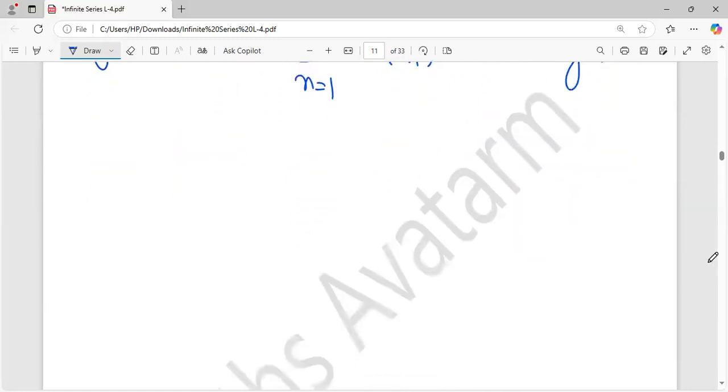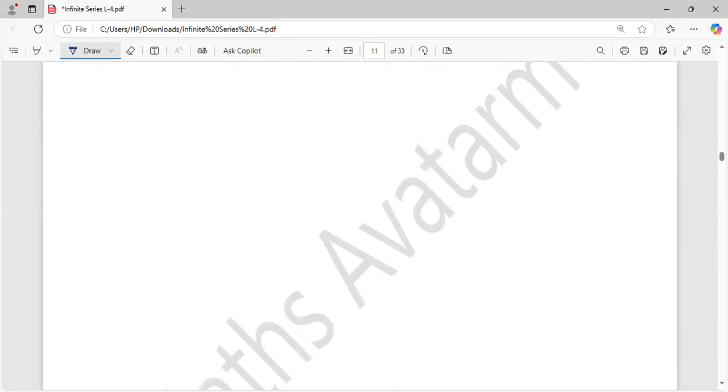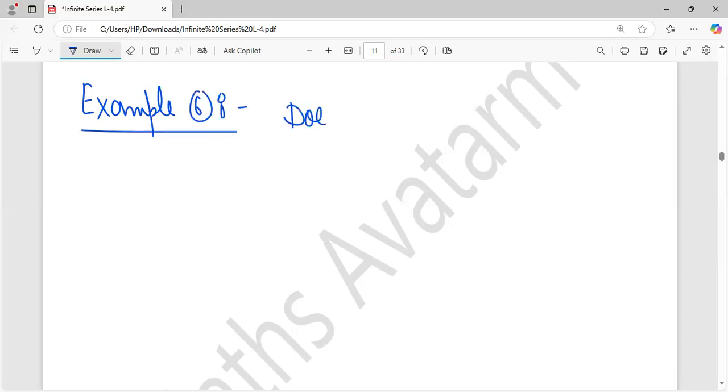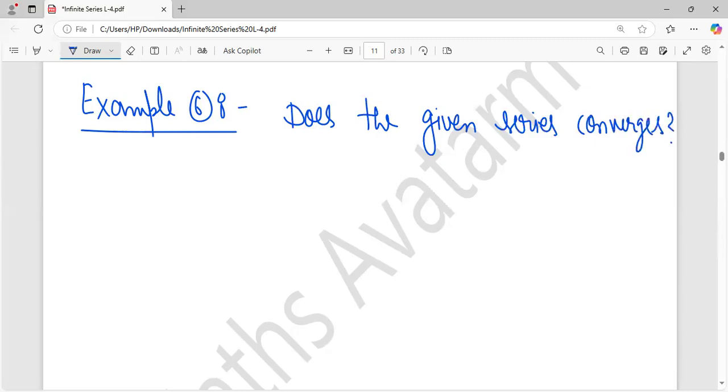Now example 6. Does the given series converge? What is the given series? Summation n goes to 1 to infinity 1 upon n to the power 1 upon n plus 1. Okay. Solution.